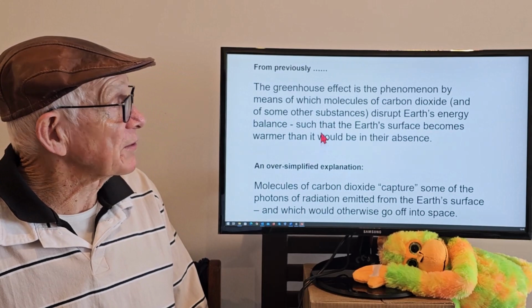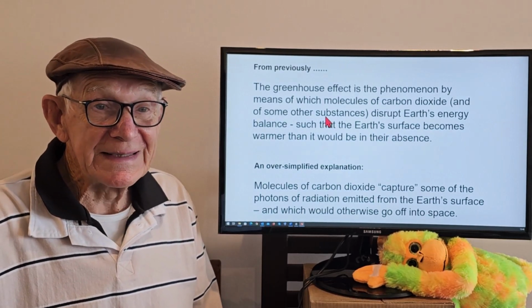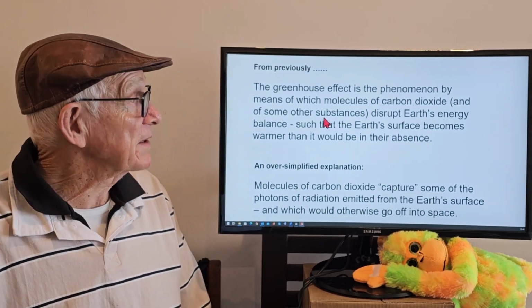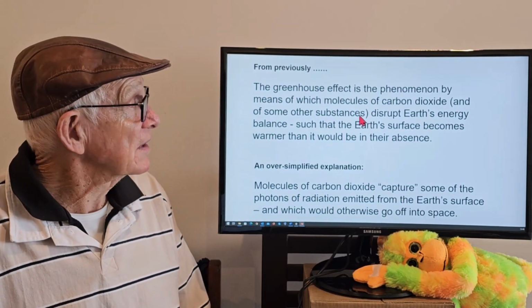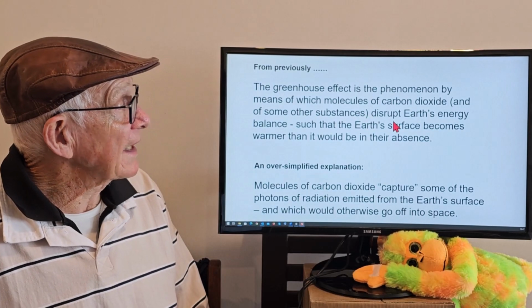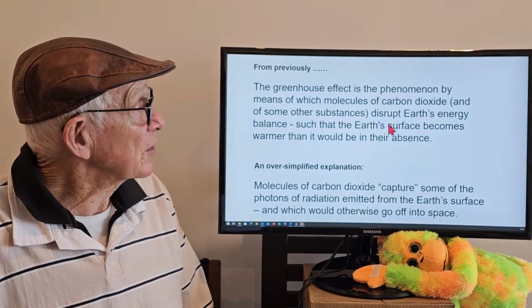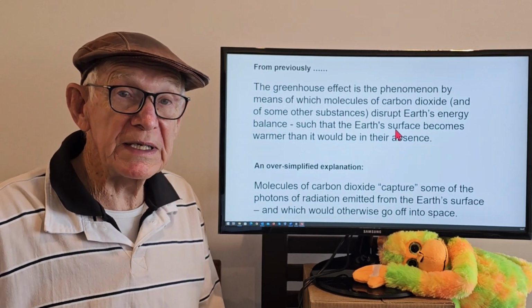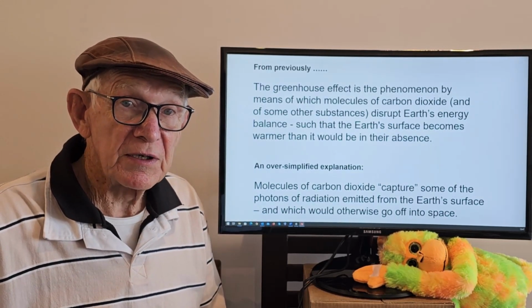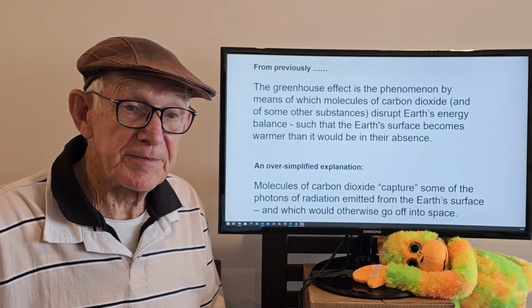So previously we've talked about the greenhouse effect as that process by means of which molecules of carbon dioxide and some other substances interfere with Earth's energy balance, with the consequence that the Earth's surface becomes warmer than it would be in the absence of molecules of those substances.